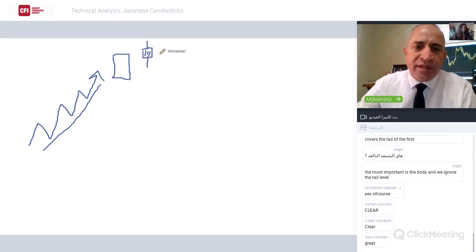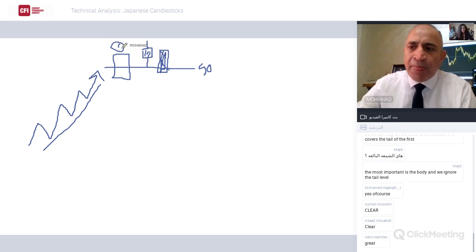And the pattern ends with a third candlestick, and it should close at least within the 50% of the length of the first candle. The third one should close under at least 50% of the first candlestick.